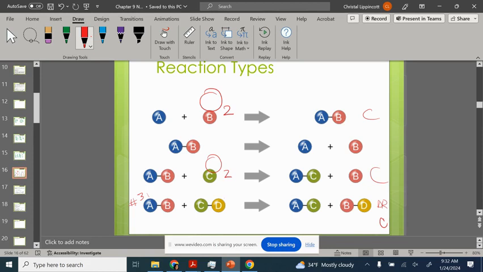Wait, so what about number 2 then? Number 2 is a combustion reaction, and it is also a synthesis reaction. Just like I am a mom and I'm a teacher. I have 2 roles. So you can either identify me as a mom or you can identify me as a teacher.